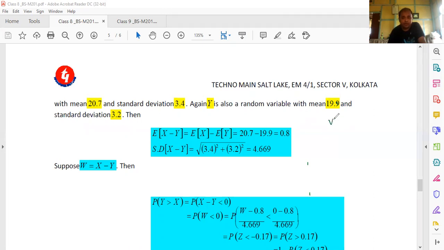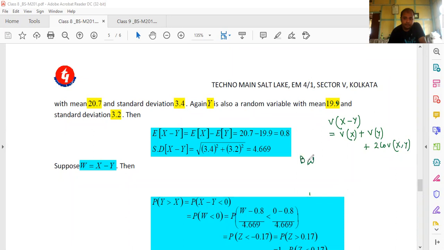Why? Because try to recall that the variance of X minus Y is given by the formula variance of X plus variance of Y minus twice the covariance of XY. Sorry, one mistake there.